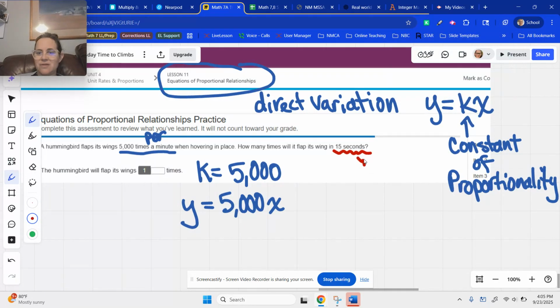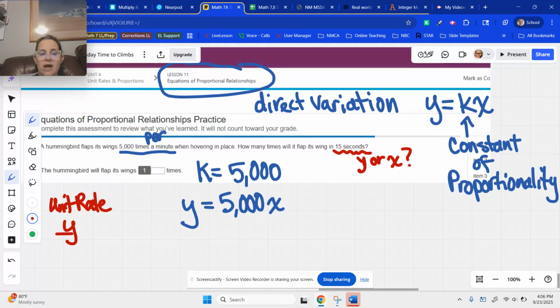Is this y or is it x? I'm going to remember some things we talked about a while ago: the unit rate or constant of proportionality is always going to be y over x.